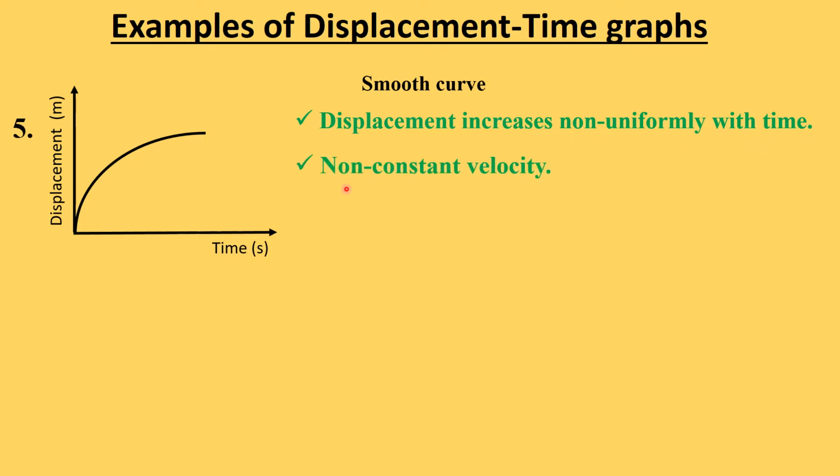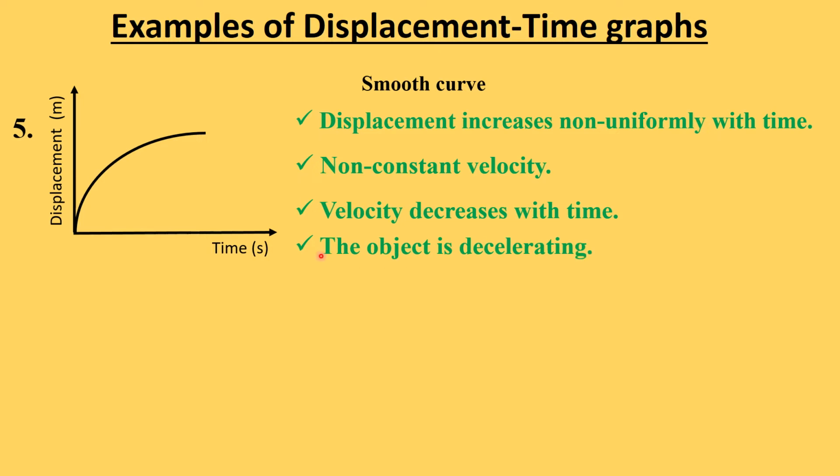This shows non-constant velocity that is changing, and this change is actually a decrease. So we say velocity decreases with time. When velocity decreases with time, it tells us that the object is decelerating.